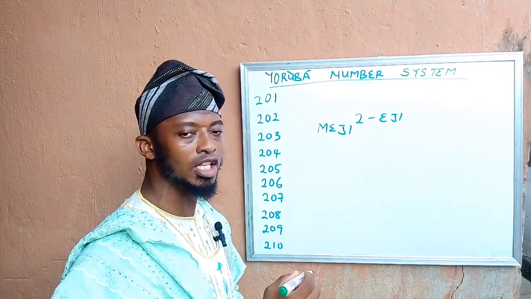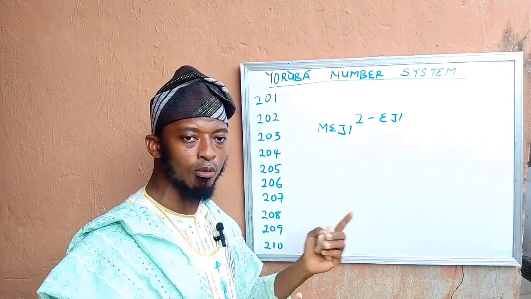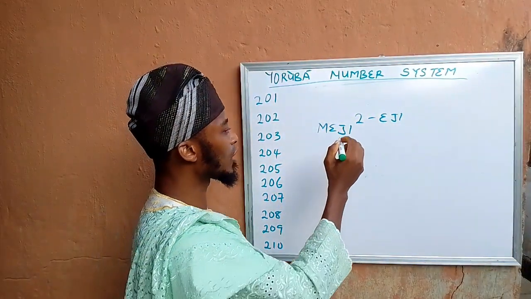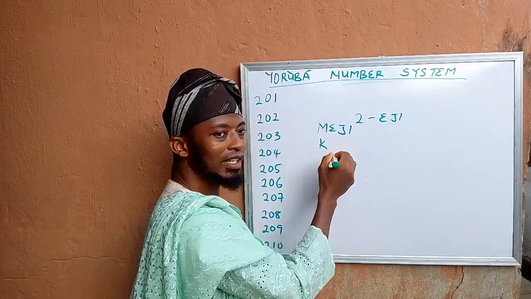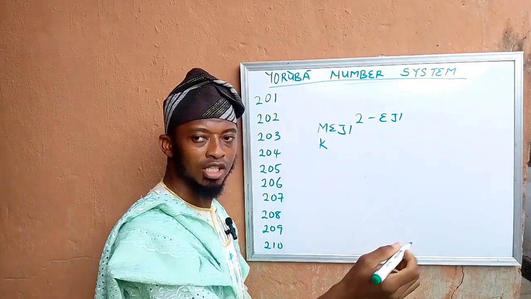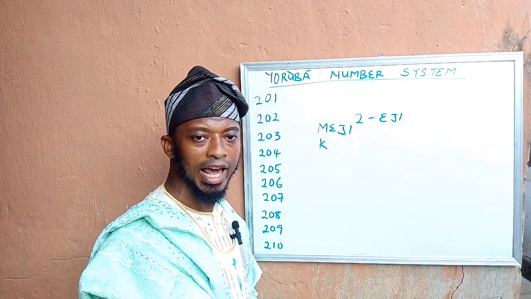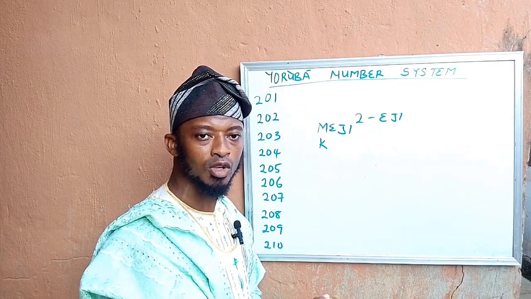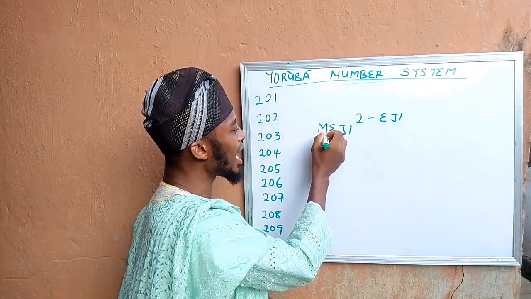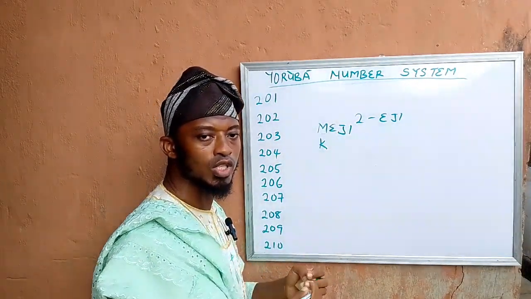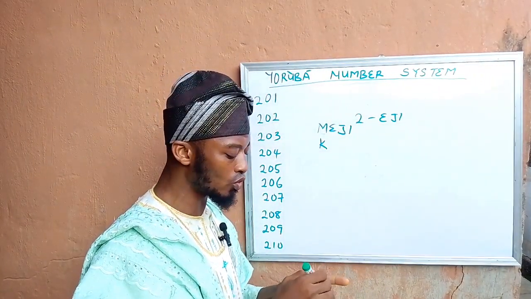And if you want to use it for position, like first position or second position, for example second position, what you are going to do is add K in front of Eji, that's Keji, second position, second person. So to talk about quantity, we add M in front of the number, and to use it for position, we add the letter K in front of the number.